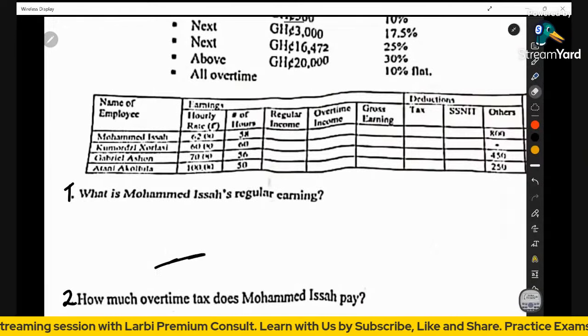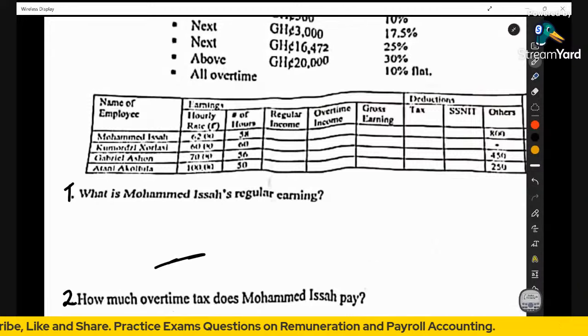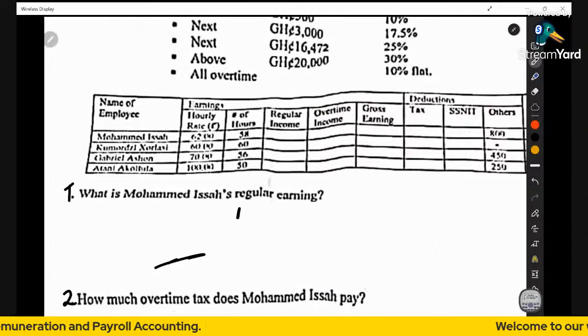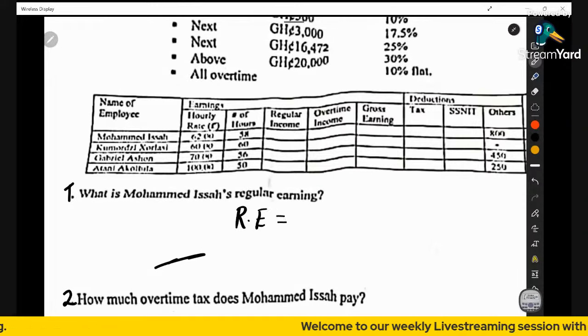So the first question goes like, what is Mohammed Issa's regular earning? To determine the regular earning (RE) of an employee, it should be equal to the actual number of hours that the organization has set for employees to work.